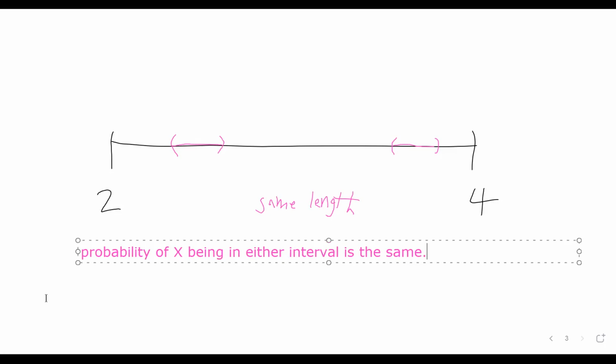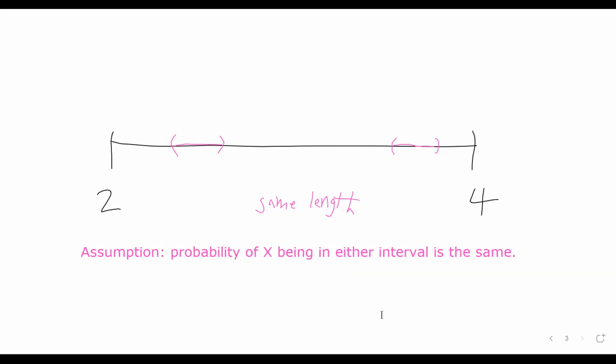Okay, that's the assumption. So the conclusion is just that the probability of any subinterval of the same length is the same.